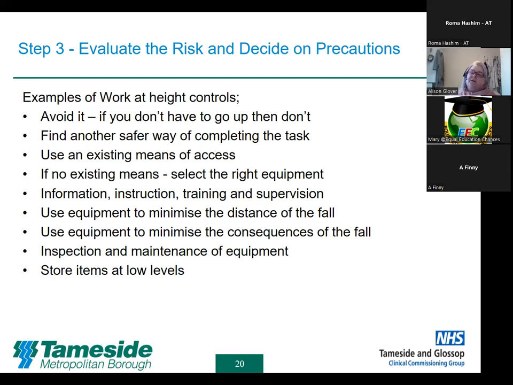Either the system would be such that you were restrained and couldn't reach the edge of the roof, or if you were having to work by the edge, it would be a system of arrest, which would stop you: if you did fall, you would only fall a certain distance before the actual equipment arrested your fall.